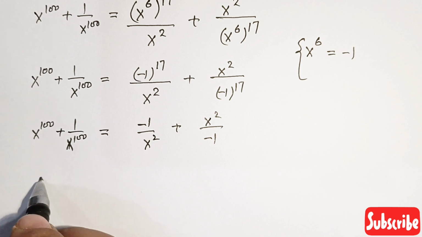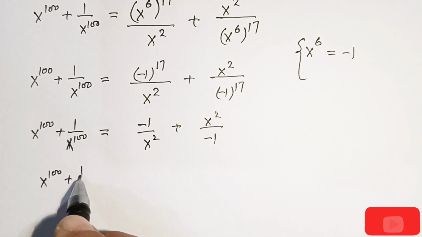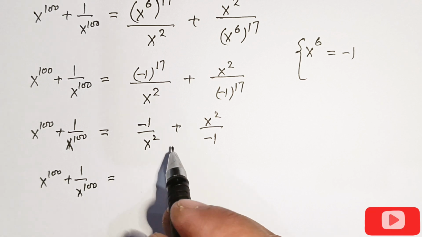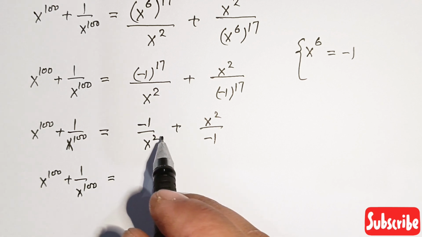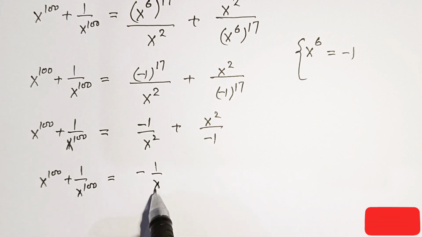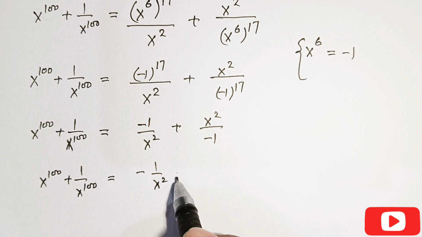Now x to the power 100 plus 1 over x to the power 100 is equal to, here it can be written as this minus 1 over x squared, here plus times minus is minus x squared.